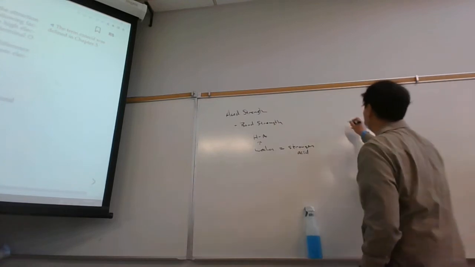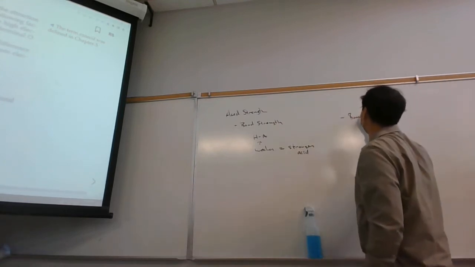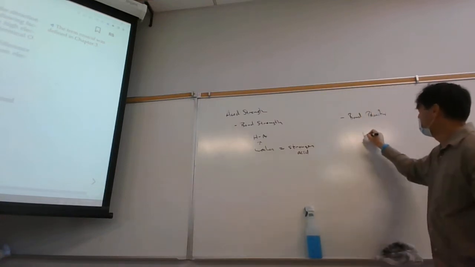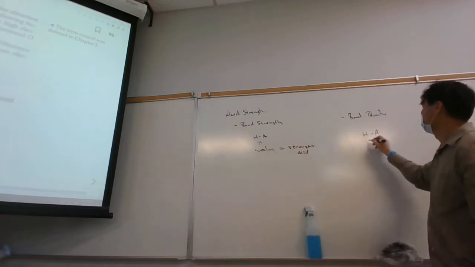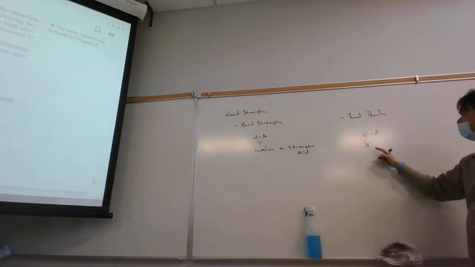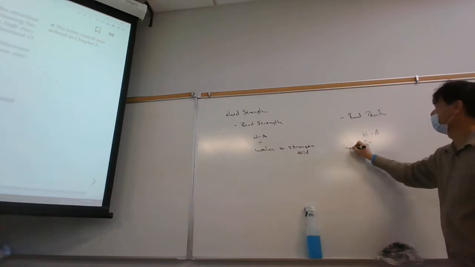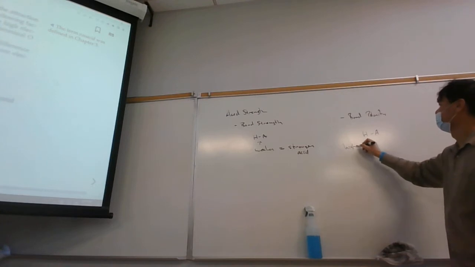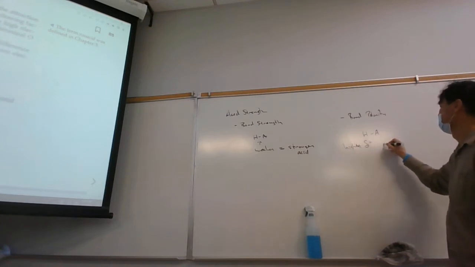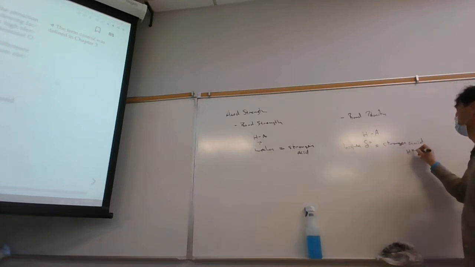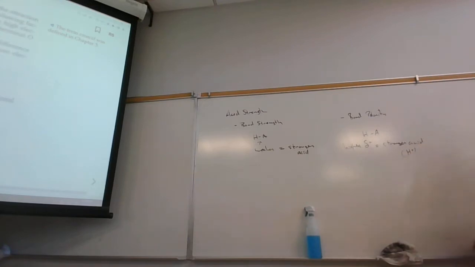It depends on bond polarity. The more positive charge on H, the stronger the acid. And so the higher the delta plus, the stronger the acid. The acid proton is H plus, so the more positive it is, the better.